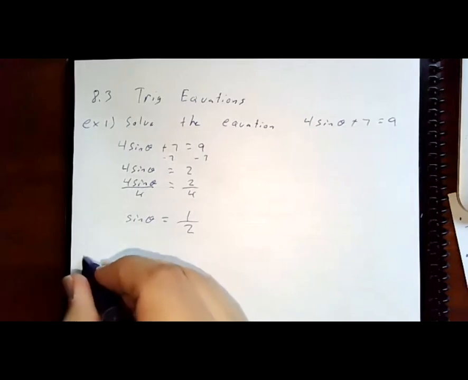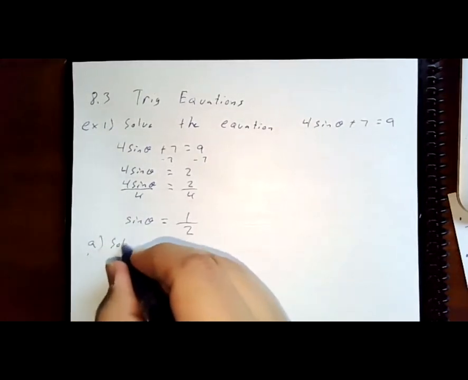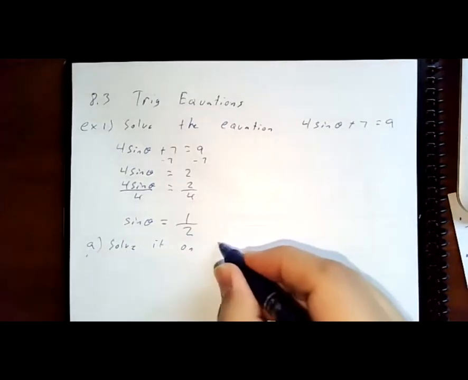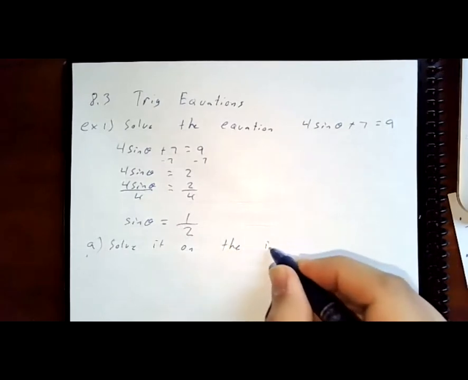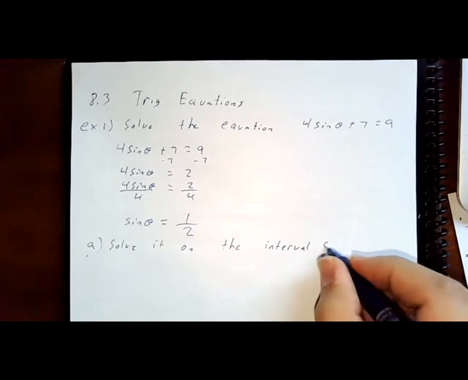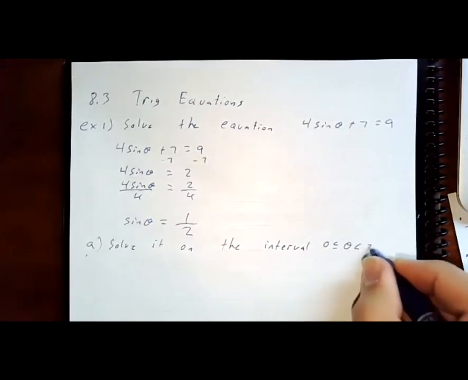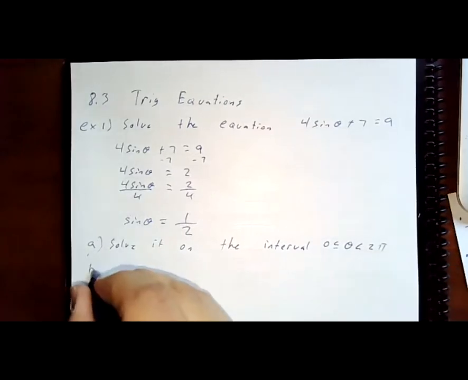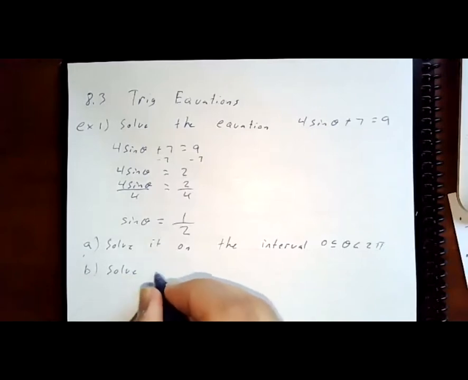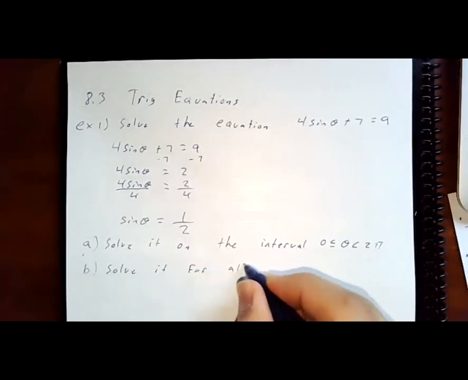So let's say part A, solve it on the interval 0 less than theta less than 2 pi. B, solve it for all theta.